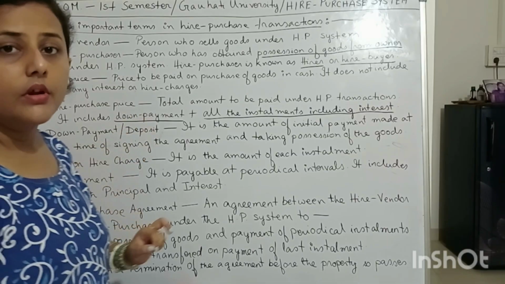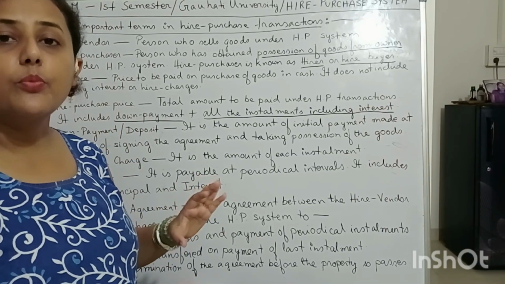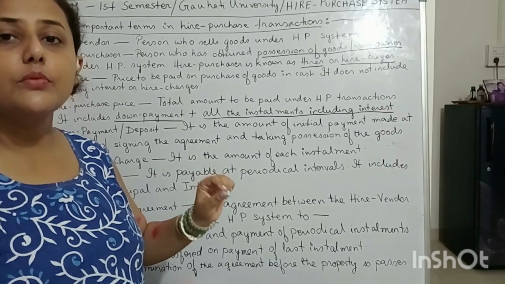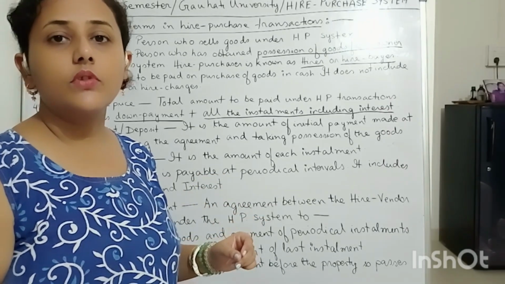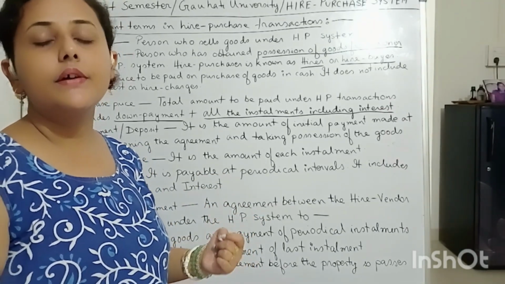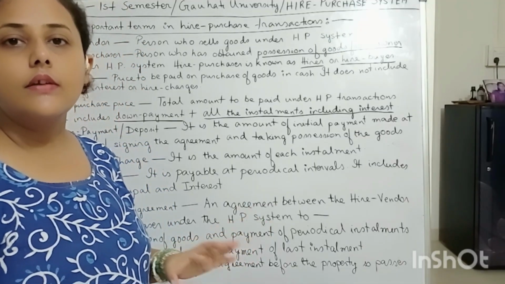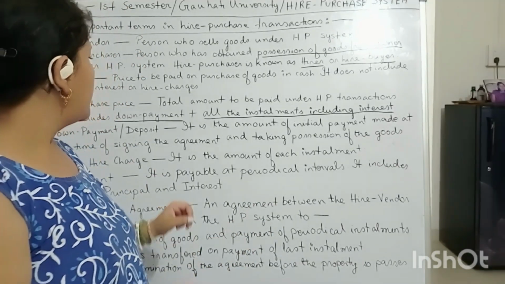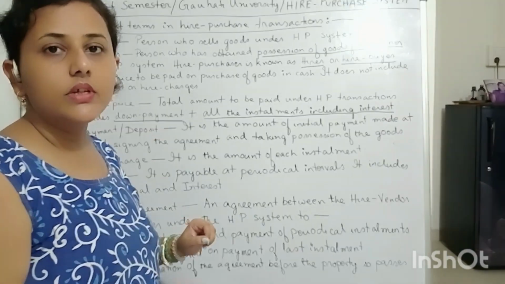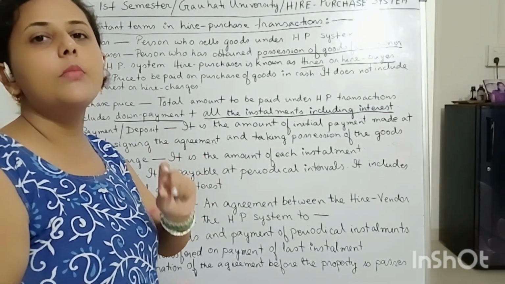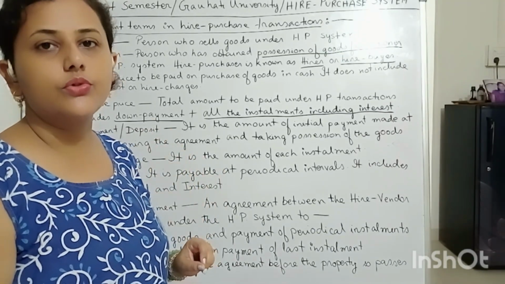Down payment means the payment which is made immediately by the hire buyer to the hire vendor on purchase of goods under the hire purchase system. It is a lump sum amount, a small portion of the cash price of the goods.